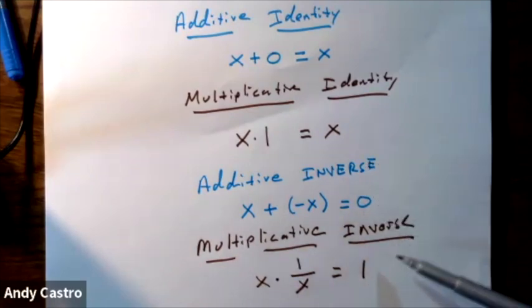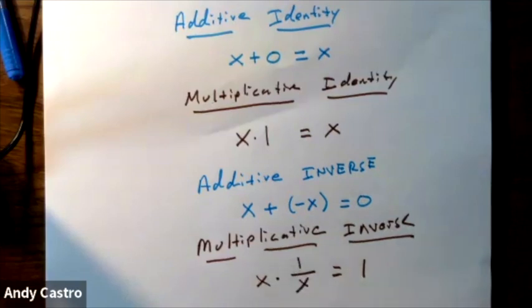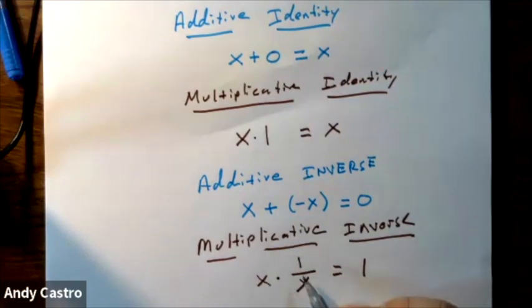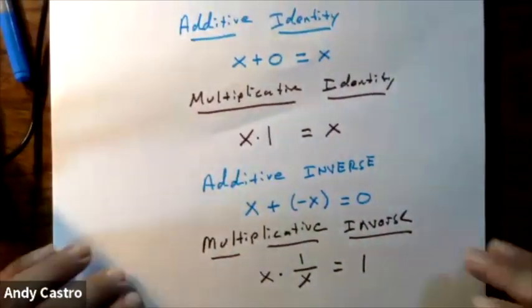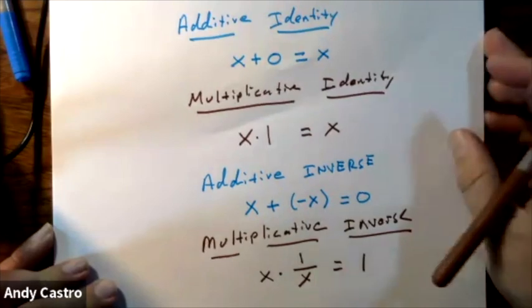The multiplicative inverse results in 1. X times 1 over x is equal to 1. If we took 5 times 1/5, that would equal 1. This also shows you x divided by x. Those cancel. You're left with 1. All right, any questions on the additive or the identity or the inverse properties or axioms?